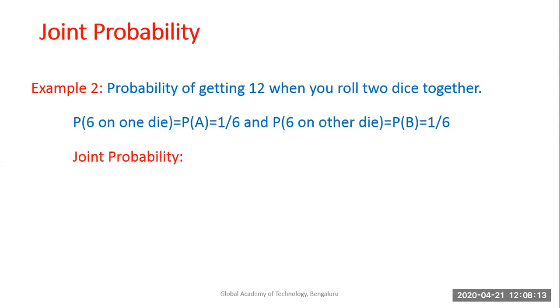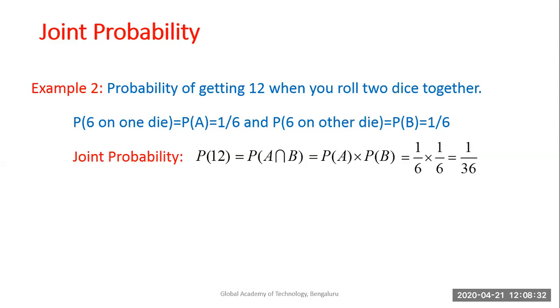The joint probability of getting 12 is the probability of getting 6 on one die and 6 on the other, P of A intersection B. Again, both are independent, so it is equal to P of A times P of B, which is 1 divided by 36.